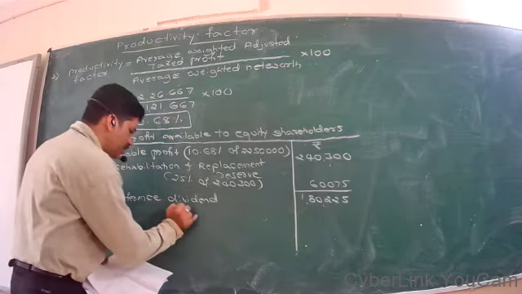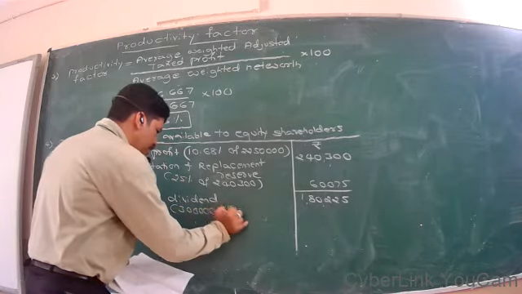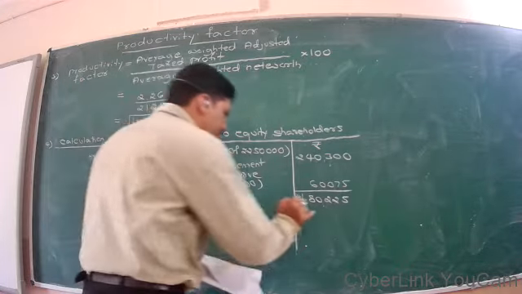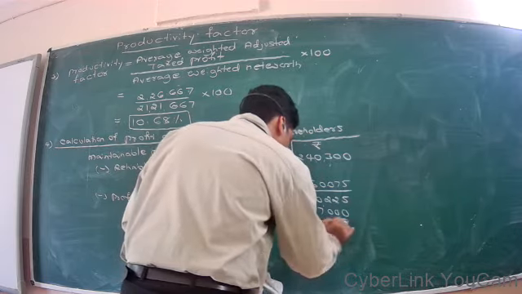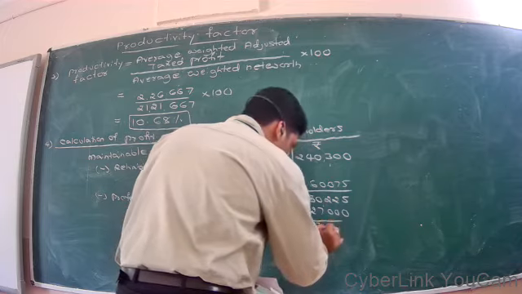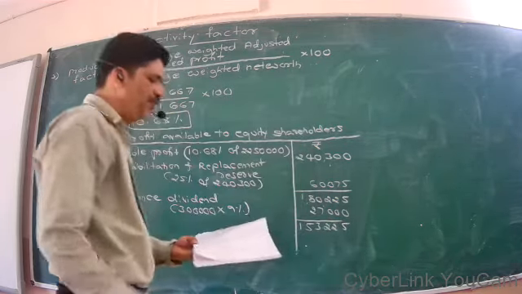So these 3 lakh into 9%, so 27,000. The balance is 1,53,225.